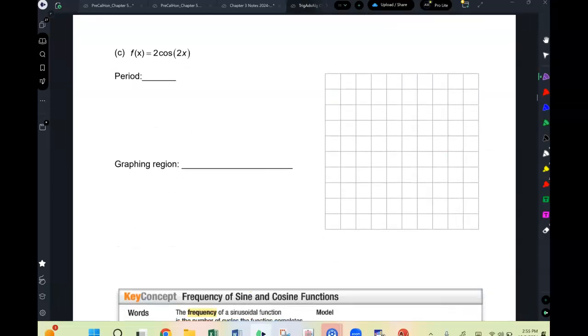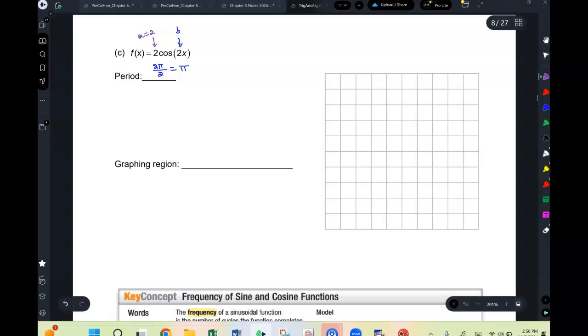Ooh, look at this one. Now we have 2 cosine 2x. So take a look. This first 2 gives you the amplitude, right? So here, the amplitude is equal to 2. This second 2, that's your b. That's what we're going to use for the period. 2 pi over 2, which is pi.